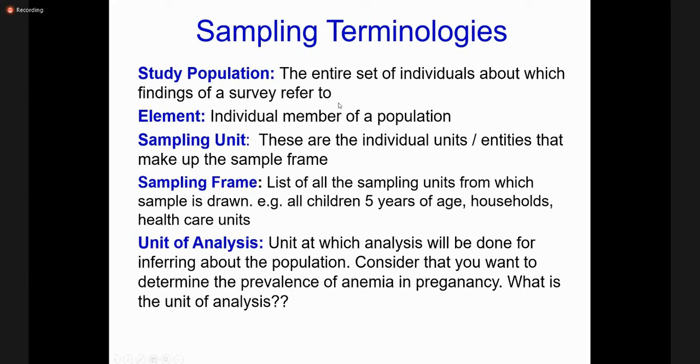Suppose I'm doing a survey in Karachi about the awareness of COVID-19, one individual from Karachi is my element. If I'm talking about a survey among adults, then every adult person is an element. If I'm doing a survey among school-age children, I will exclude the adults and only include the school-age children, and one element of that population will be one school-age child.